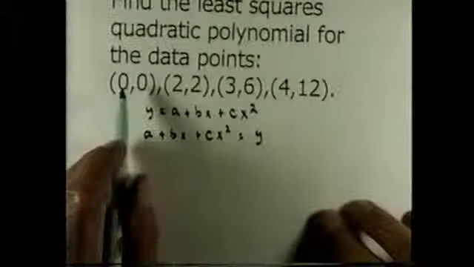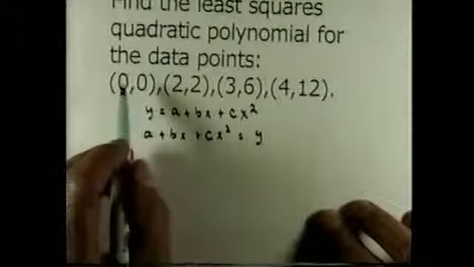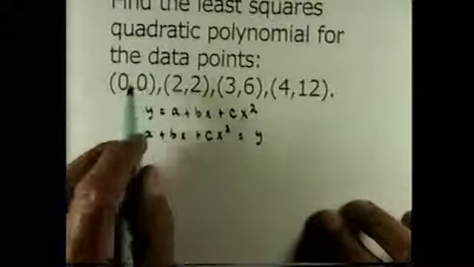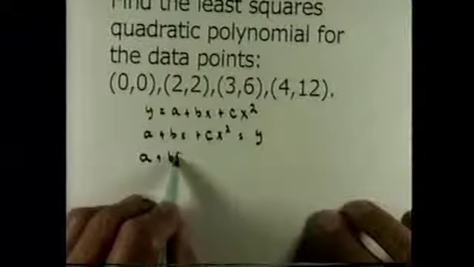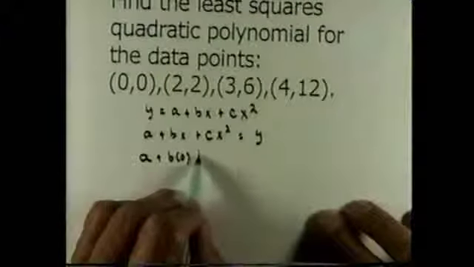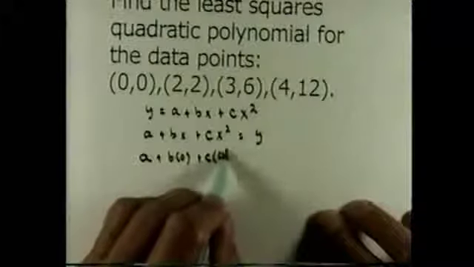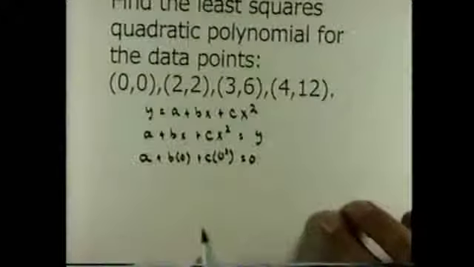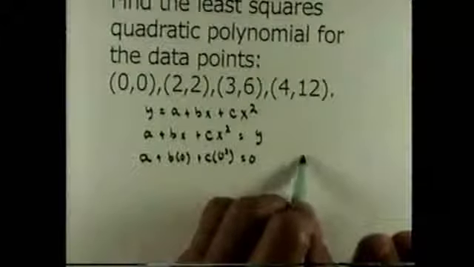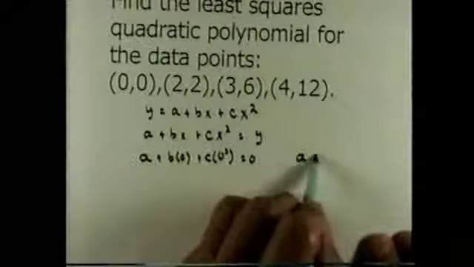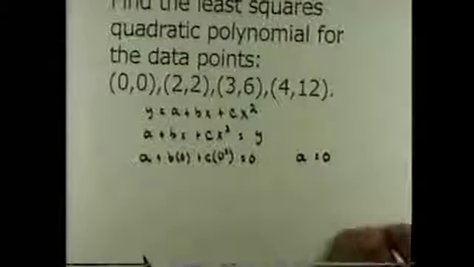So let's look at each of the points. In this case, x is 0, y is 0. So I have a plus b times 0 plus c times 0 squared equals 0, or a equals 0 when I simplify.